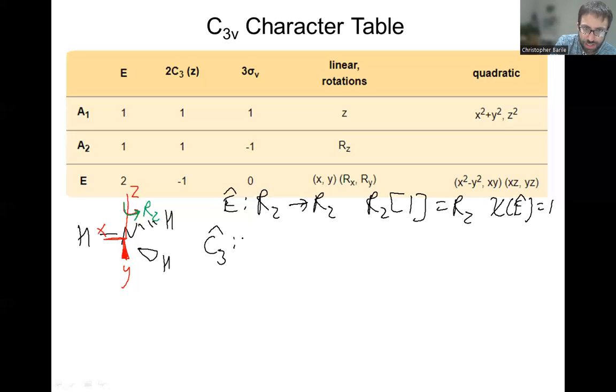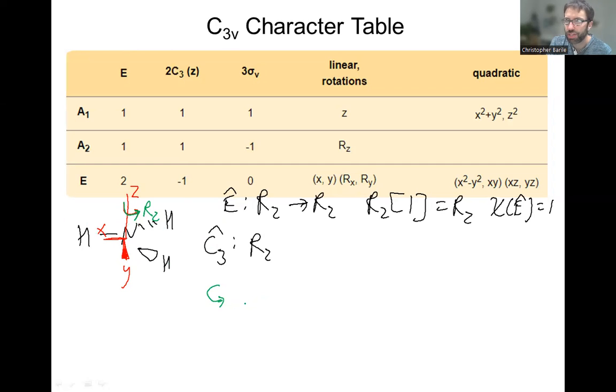C3 is a little bit more exciting. And so we have to think about, okay, let's go back to green here, and we have our little RZ. And now what are we going to do? RZ is defined as a clockwise rotation wrapping around the Z pole, Z axis. And what are we doing? We're doing a C3 on this. That's what we're asked to do. So that's going to rotate this by 120 degrees.